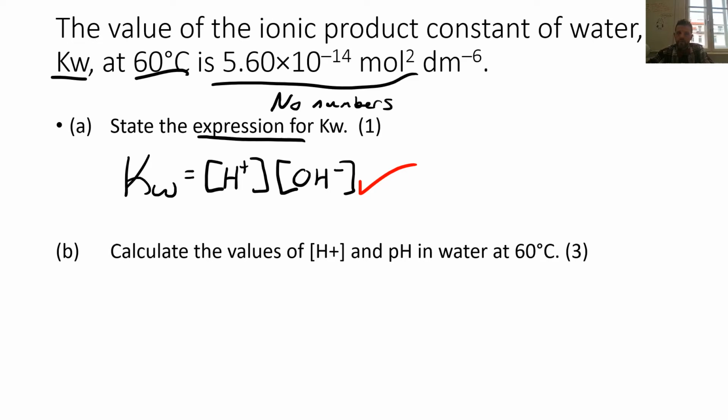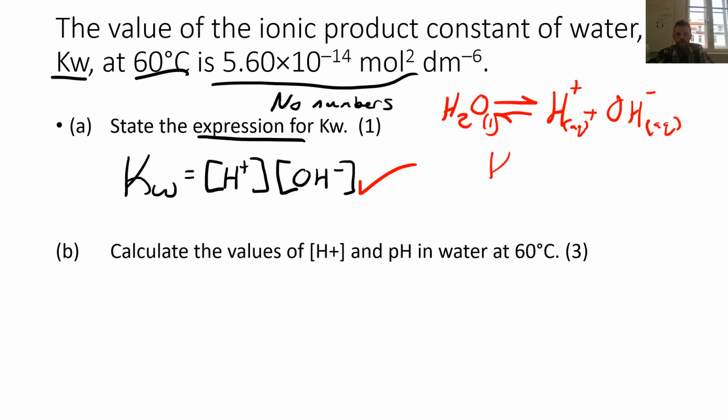If you're confused, where this is coming from is the autoionization of water. So it goes back and forth to this. This is a liquid. This is aqueous, and this is aqueous. And this all stems from an equilibrium constant, where we do the concentration of the products over the concentration of the reactants.